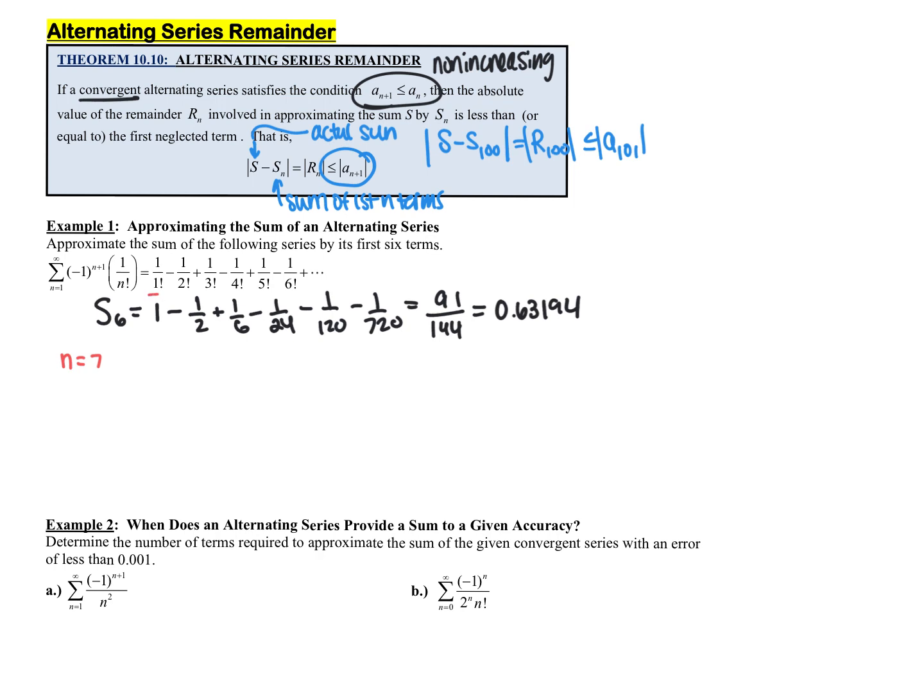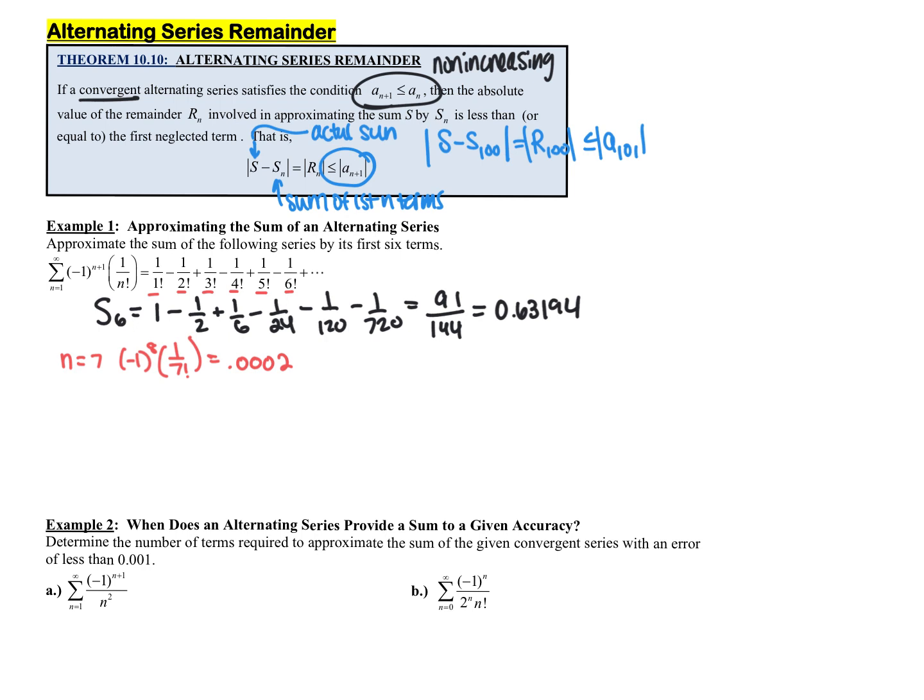Because we started with 1, 2, 3, 4, 5, 6 terms. The next one will be when n equals 7. So that'll be negative 1 to the 8th times 1 over 7 factorial, which will be about 0.00198, but we'll go ahead and round to 0.002.